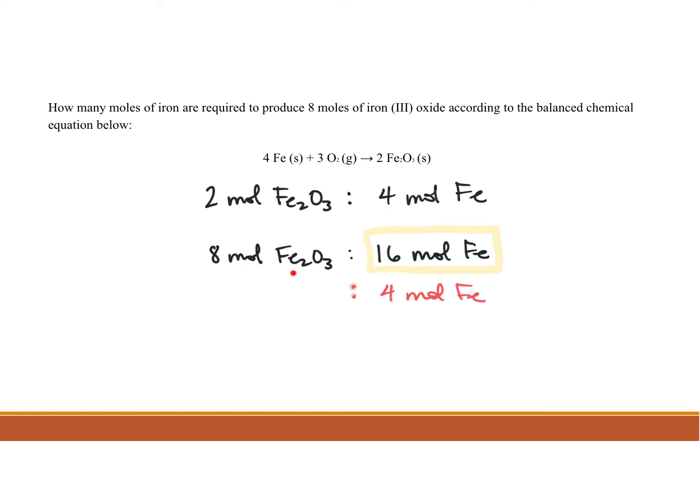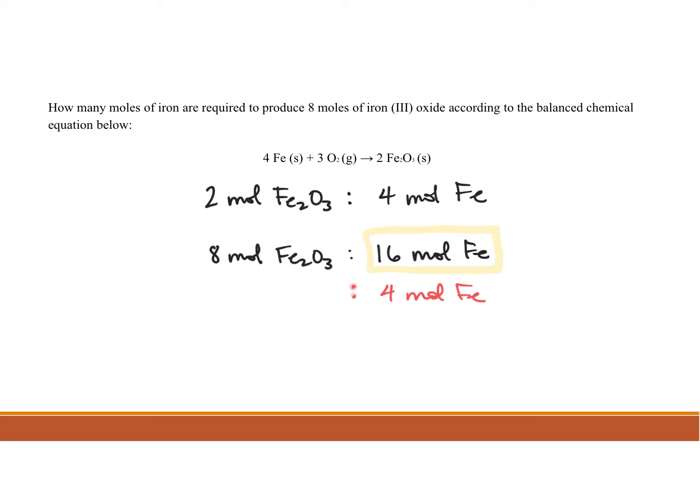But this number would not make sense because here you have more Fe2O3 as opposed to Fe. So if you pay attention to your quantity and refer back to the balanced equation, it should make more sense that way. So your final answer on this one would be 16 moles of Fe.